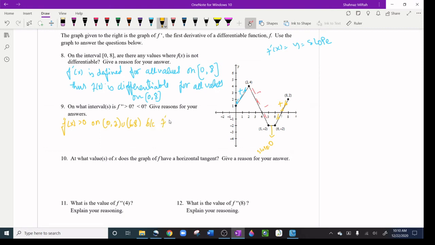Because, and we always, after because, whatever the reasoning is, that will be whatever is given. So f prime is the given graph, so I'm going to use that. f prime x is increasing. Now, what do we do? f double prime less than 0? It's on 2 to 5. Because that's the only one where f prime x is decreasing.